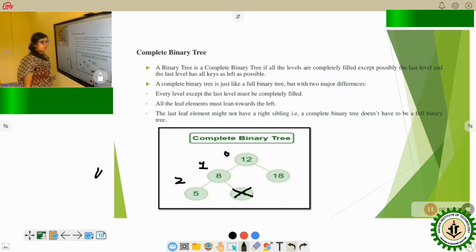Then also it satisfies the definition of complete binary tree. If 11 is present, it is a condition. If suppose 11 is not present here, this condition will be satisfied. The last leaf element might not have a right sibling. See, the word might is present here. It can be present and it cannot be present also. In both cases, it satisfies the condition of a complete binary tree.